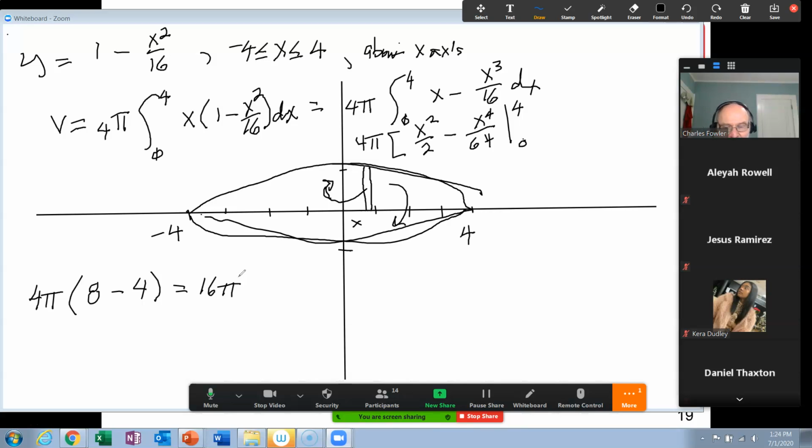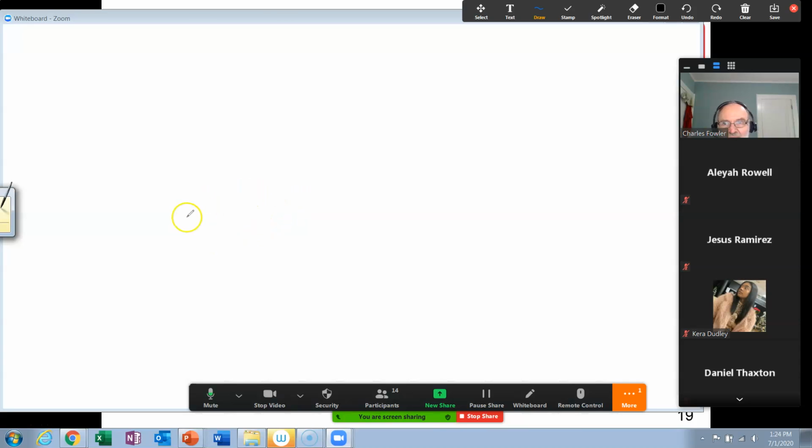Let's clear this out of the way. Sorry about that. Okay. Really dumb. I should have left some of it there, but I didn't. That was inexcusable. I had it drawn right the first time and then changed it. So what we have is y is equal to 1 minus x squared over 16.